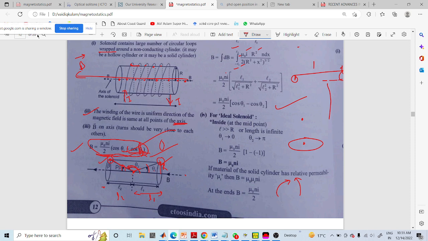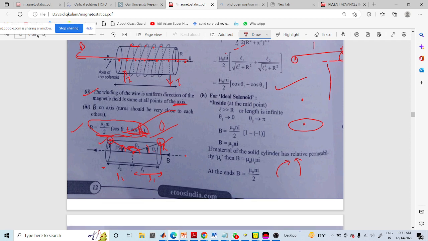If L is much larger in comparison to R, then the angle theta 1 becomes 0. Suppose this end goes far away, then this angle becomes 0 if it is too far, right? So theta 1 is 0, and theta 2 is this one, which will also go too far, so this angle becomes 180 degrees, right?